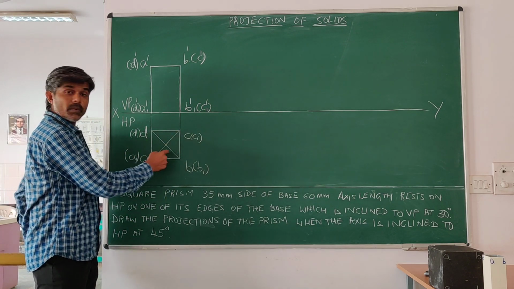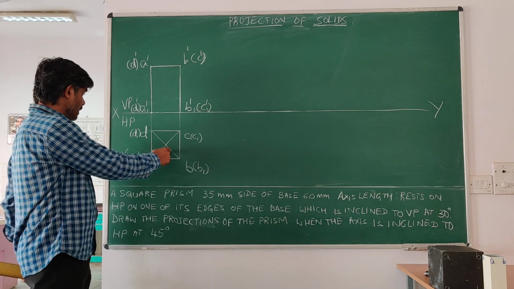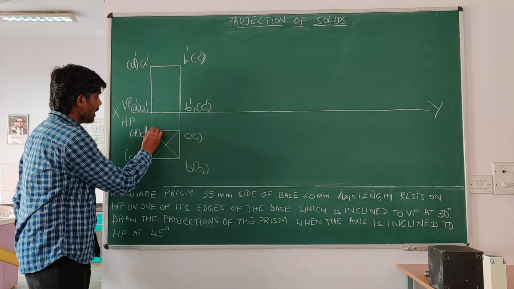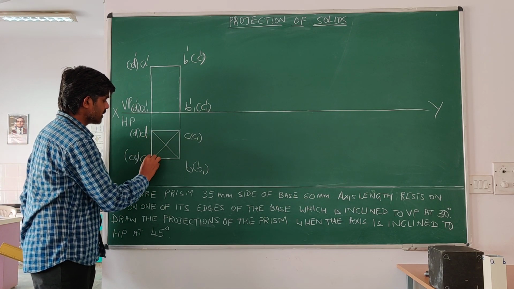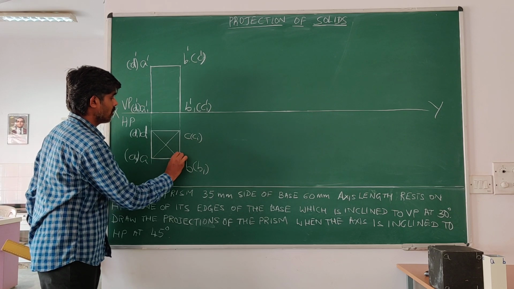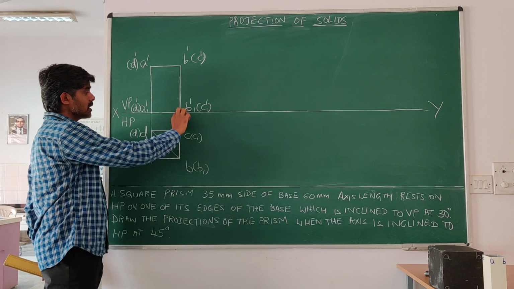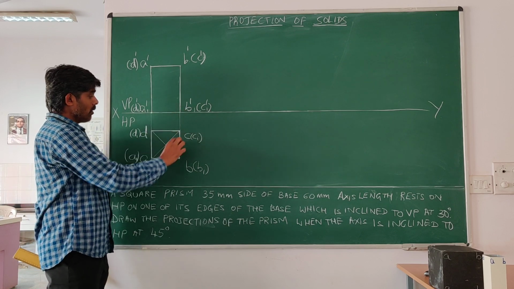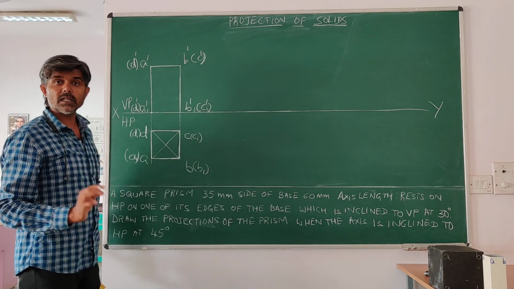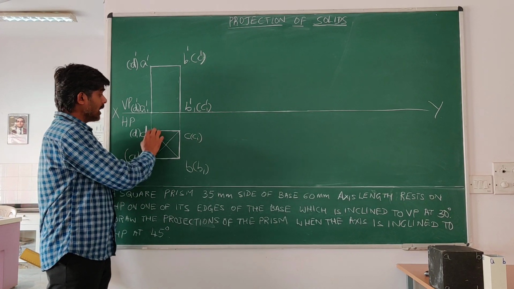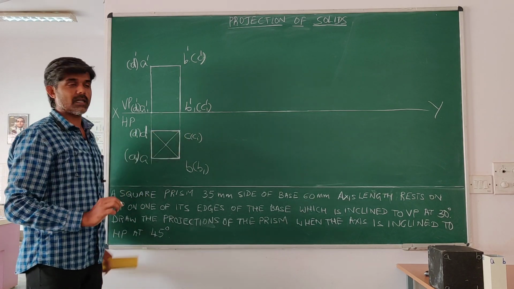These diagonal lines should be thin, while this part should be thick. These are projection lines and construction lines, they should be thin, while this part should be thick and dark lines.